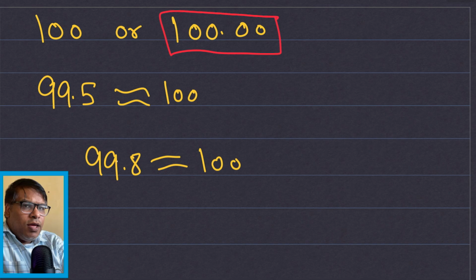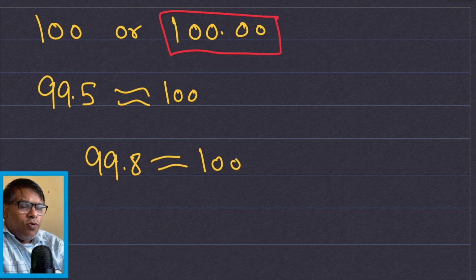But here, if you see another 100, 100.00, here you are sure that after the decimal you are going to have 00. But in the initial one, you are not sure.